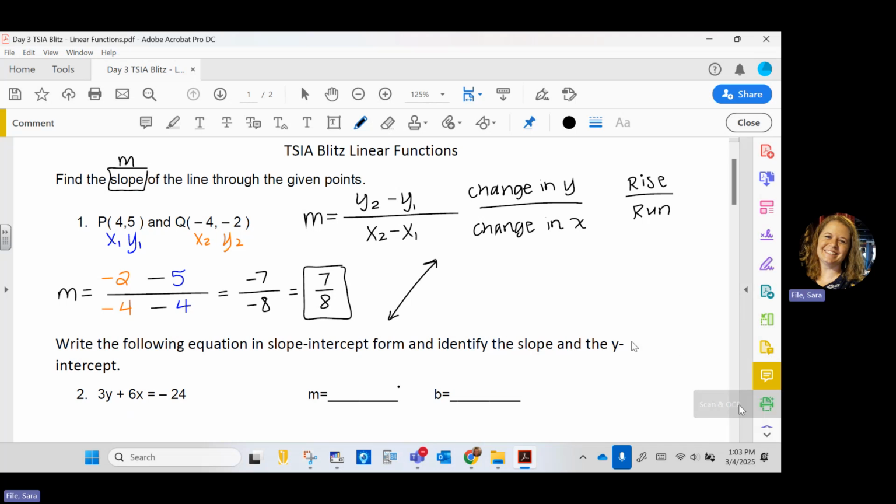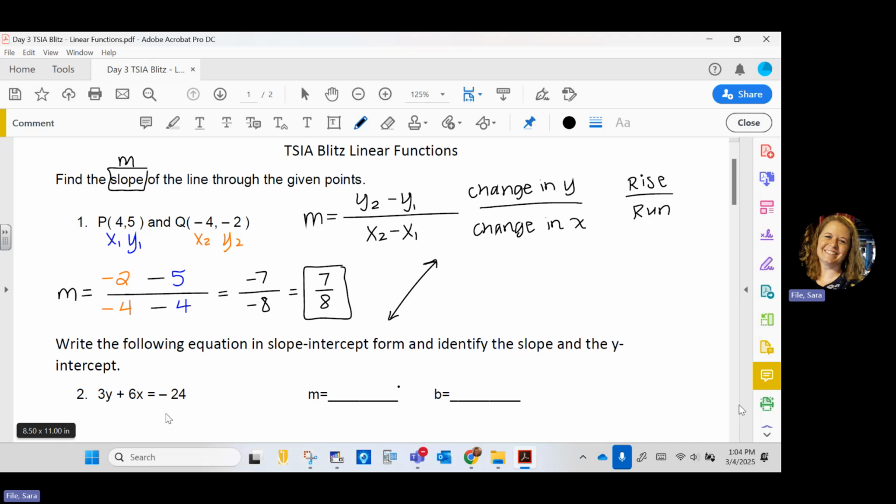All right, now writing equations of line. Okay, you need to know slope. So either you're going to be told the slope, or you'll be given information where you can find the slope, or you'll be given an equation in just a different format than you want, and you can rearrange it to see your slope.